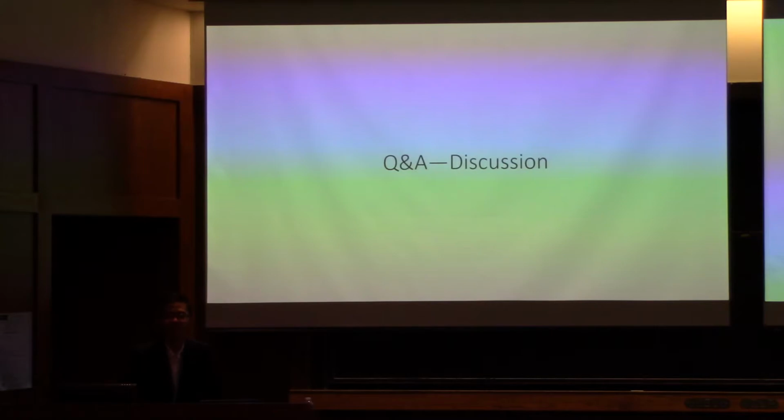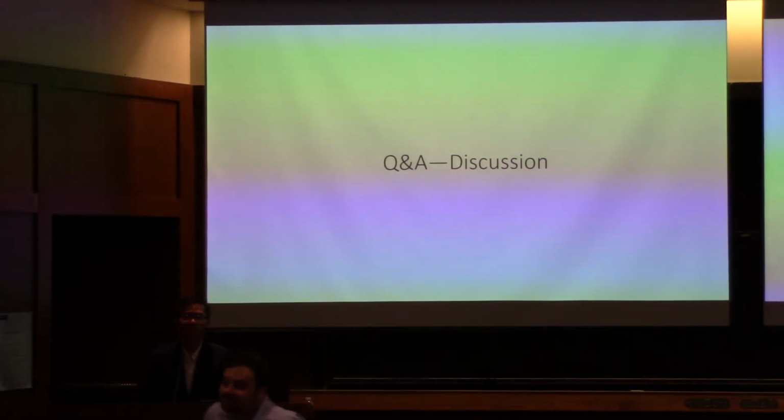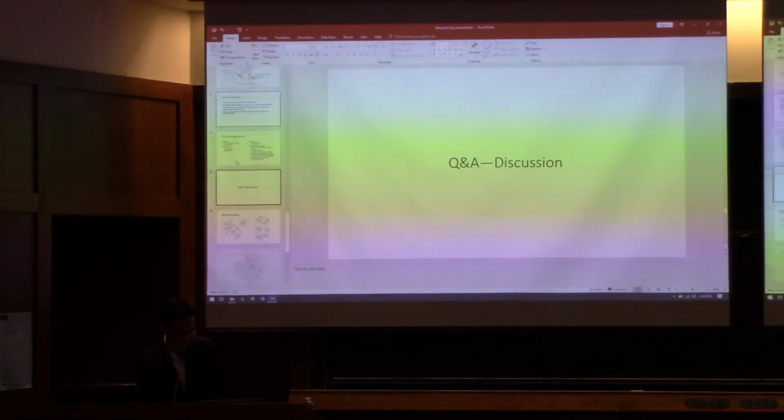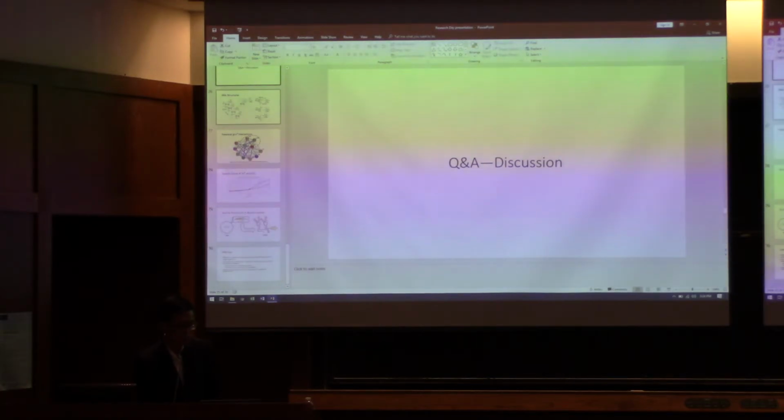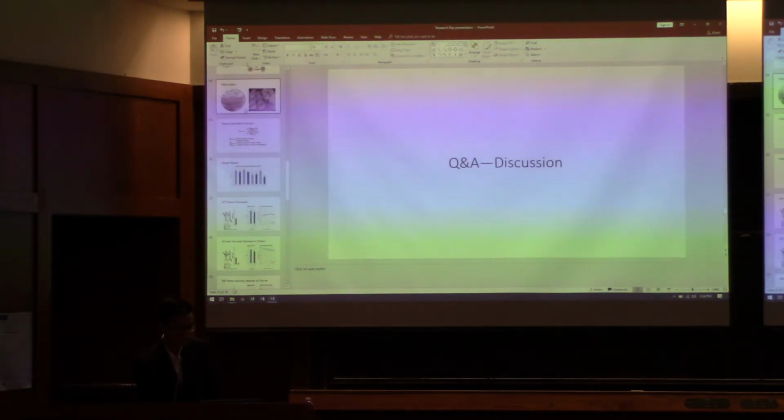All right, any questions? Marissa? Yeah. So, you mentioned you made some strains that were blue and some that were white. What was the purpose of making them? Oh, so you can't actually just differentiate by the shape of the colony.